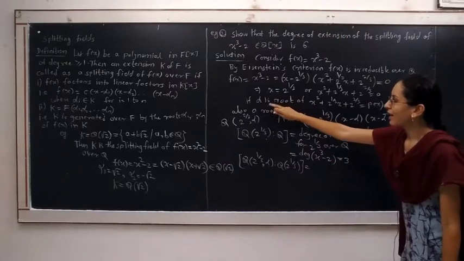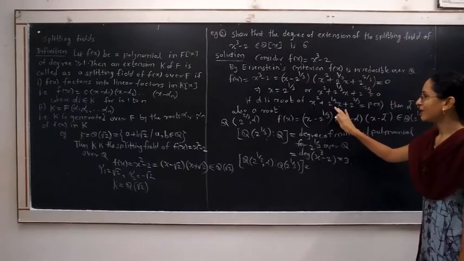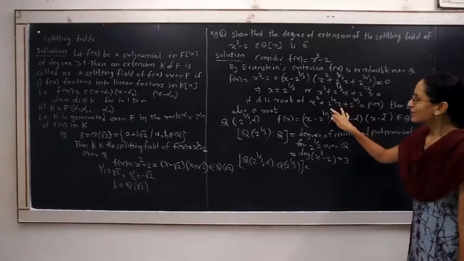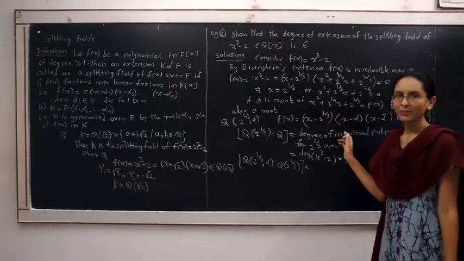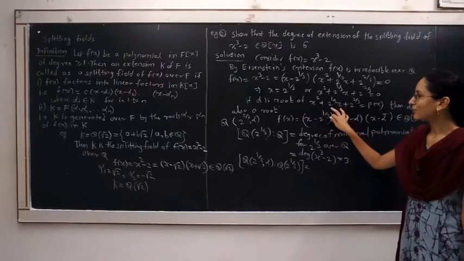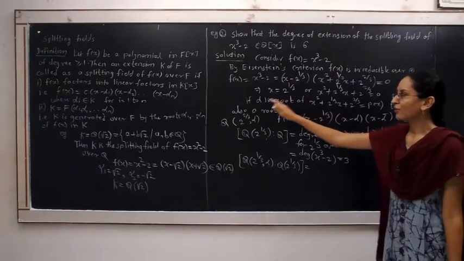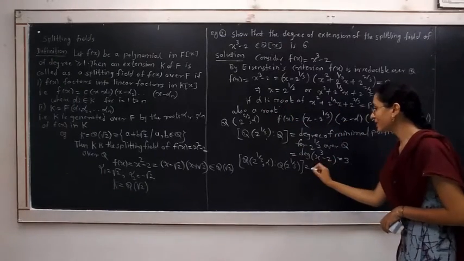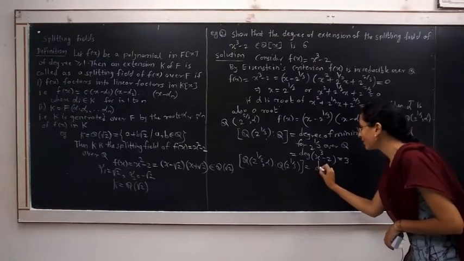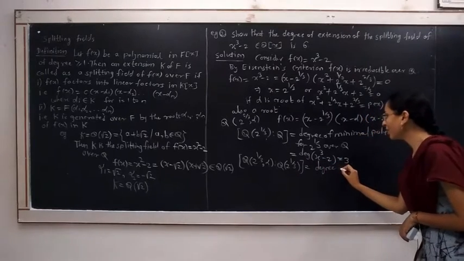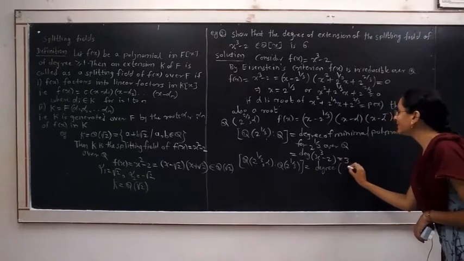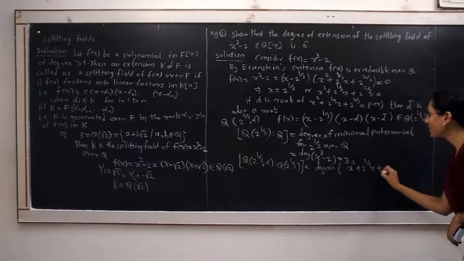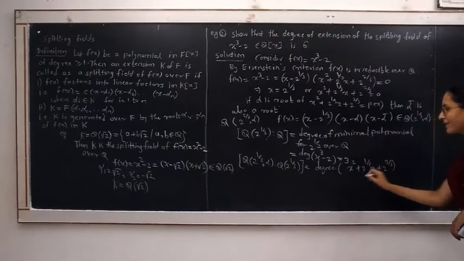We know that alpha is a root of the polynomial x square plus 2 raised to 1/3 x plus 2 raised to 2/3. This polynomial has two roots, alpha and alpha bar. Therefore, this is the minimal polynomial for alpha and its degree is 2. Therefore, this degree of extension is the degree of the minimal polynomial of alpha, given by x square plus 2 raised to 1/3 into x plus 2 raised to 2/3, and its degree is 2.